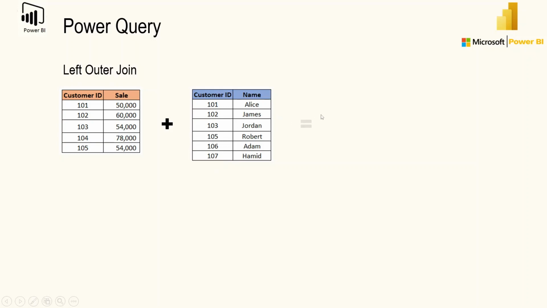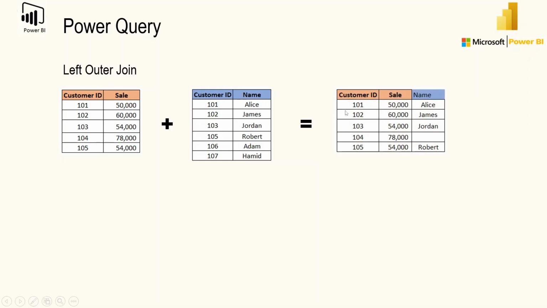So what will it do? You see, 101 Alice has 50,000 of sale. Similarly 102 James has 16,000 of sales, and 103 Jordan 54,000 sales.